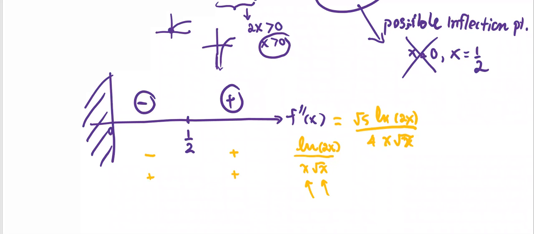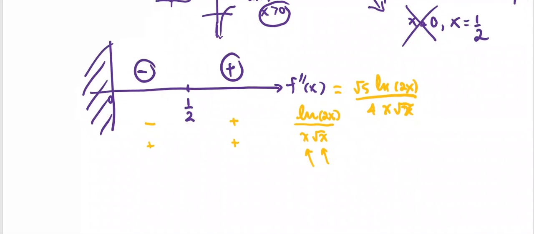That tells you the interval, negative sign, I'm not happy, right? If I'm not happy, upside down. The positive sign, I'm happy, right side up. That means the interval of concave down is between 0 and 1/2.